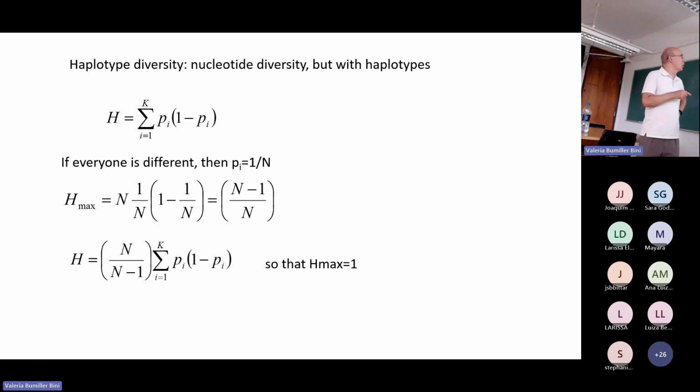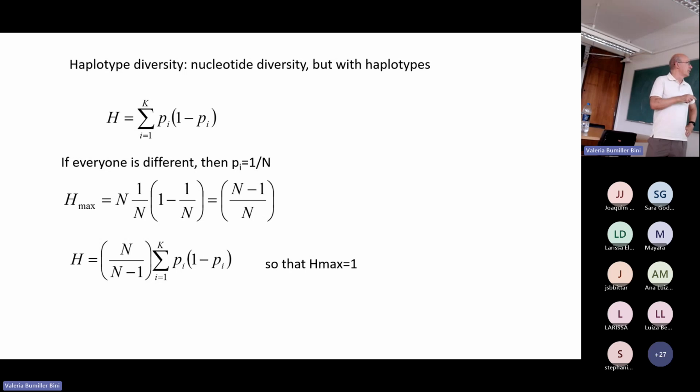It will be the same for haplotype number 1, number 2, number 3, up to N. So summing the same thing N times is the same thing as multiplying by N. So this is why there's no longer any summation, and that's how this N here appears.